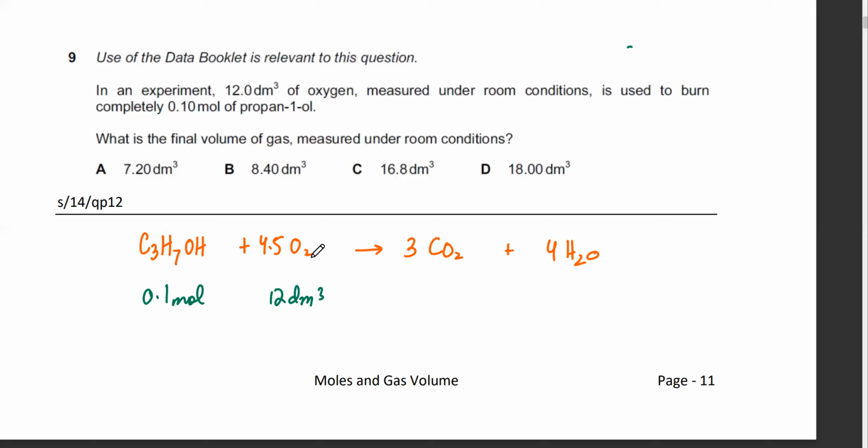This one or this one? You're going to use the limiting reactant. So first try and find the moles of oxygen. Its volume of gas divided by 24 dm cube. If you do that, I think you're going to get 0.5 moles. Is this clear? 12 dm cube is 0.5 moles. Yes or no? Yeah. So you're going to get 0.5 moles.